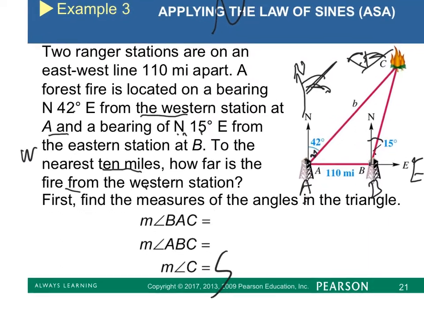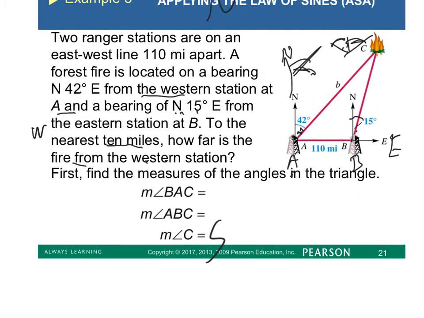Here's that fire. We have our 42 degrees here, and 15 degrees here. That little bit's 15, so it makes a weird triangle.